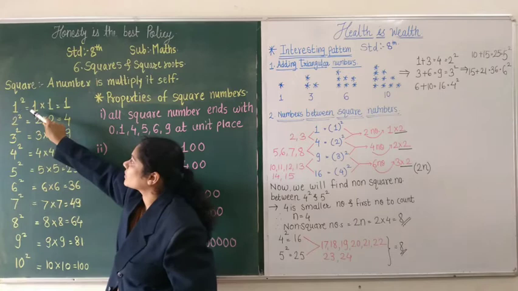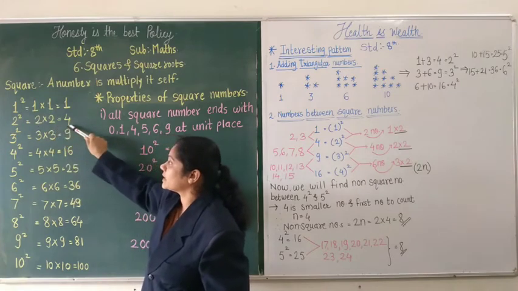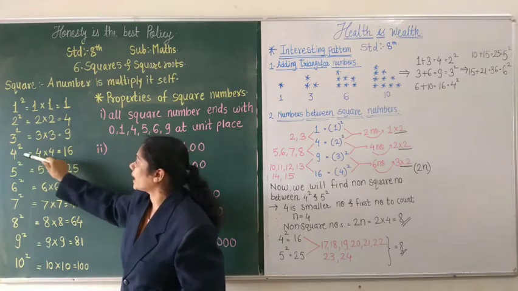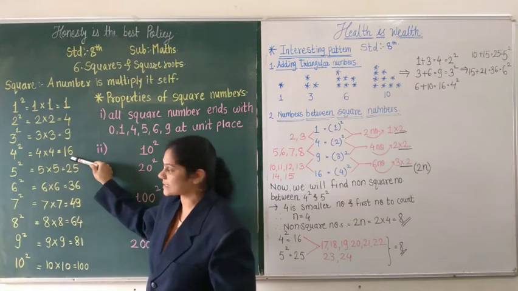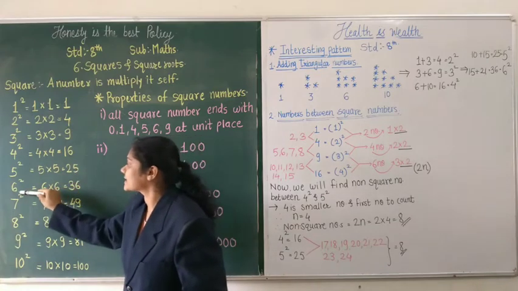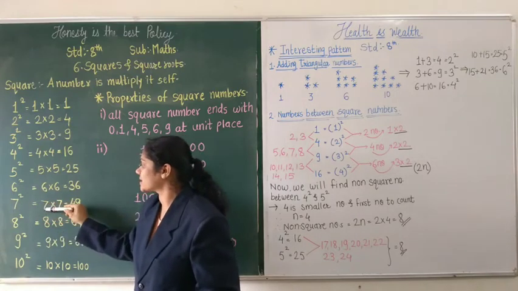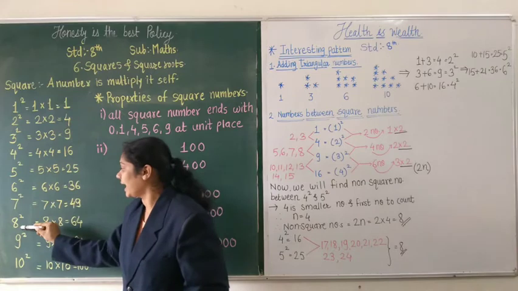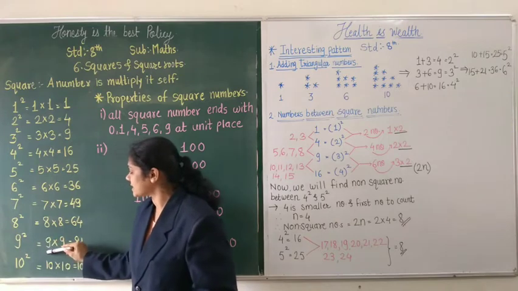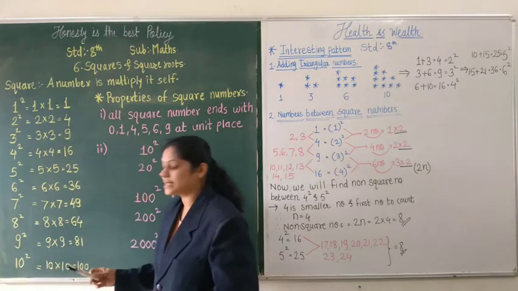So square of 1 is equal to 1 into 1 is equal to 1. 2 square is equal to 2 into 2 is 4. 3 square, 3 into 3 is equal to 9. 4 square is equal to 4 into 4 is equal to 16. 5 square is equal to 5 into 5 is equal to 25. 6 square is equal to 6 into 6 is equal to 36. 7 square is equal to 7 into 7 is equal to 49. 8 square is equal to 8 into 8 is equal to 64. 9 square is equal to 9 into 9 is equal to 81. 10 square is equal to 10 into 10 is equal to 100.